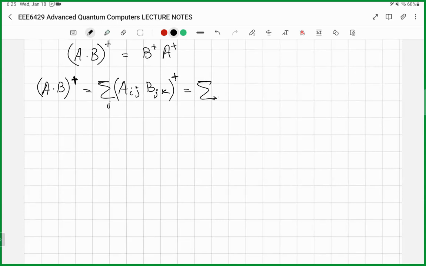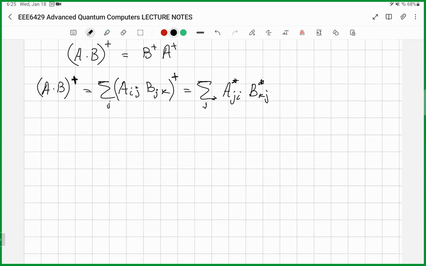It simply exchanges the indices and makes the complex conjugation. So my A_IJ will be A_JI complex conjugated, and the second one B_KJ complex conjugated.